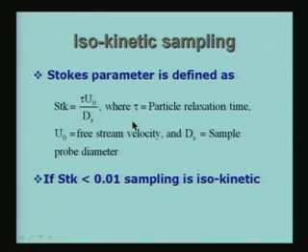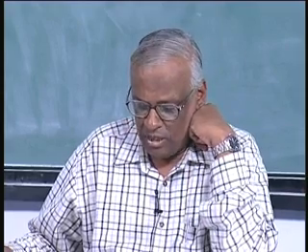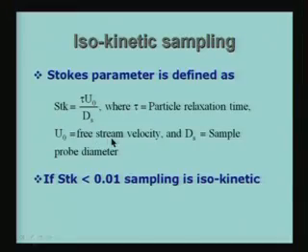Let us look at what is called the Stokes parameter. This plays an important role in this. The Stokes parameter STK is given as tau, which is called the particle relaxation time, I will tell you what it is in the next slide, multiplied by the velocity of the gas stream u subscript 0, the free stream velocity, and the diameter of the sample probe is in the denominator.